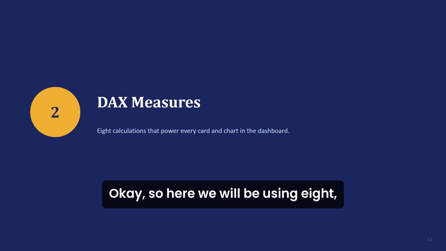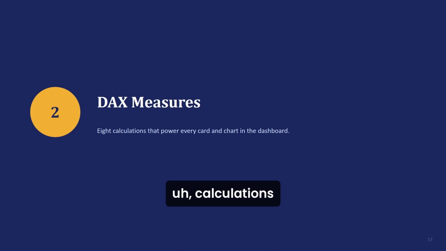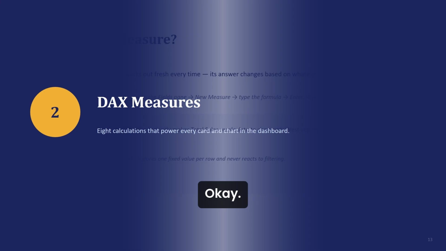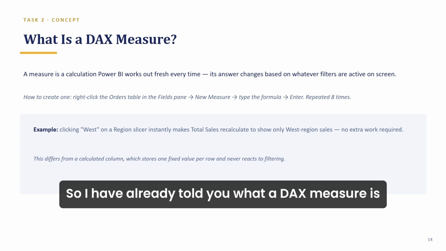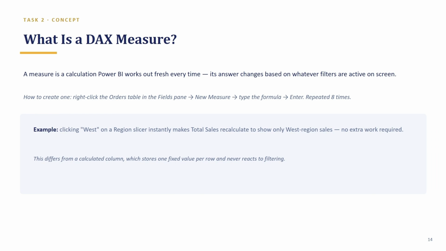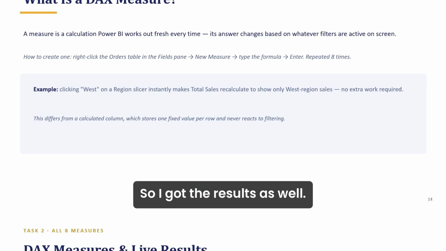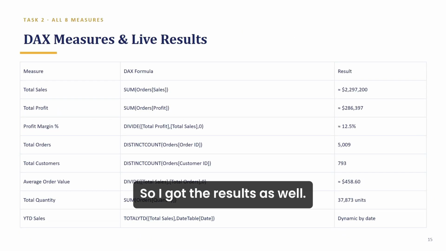Okay, so here we will be using eight calculations that power every card and chart in the dashboard. Okay, so I have already told you what is a DAX measure because I have already worked with this data set earlier. So I got the results as well.